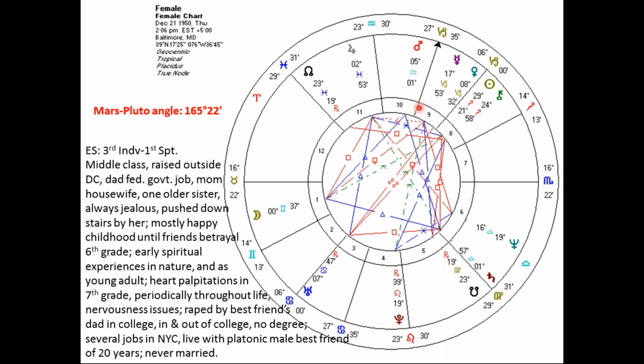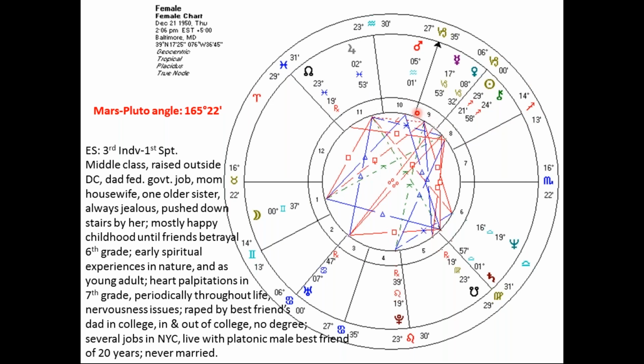Where these house systems differ is within each quadrant. In Koch and Placidus houses, if you would do it by hand, there are various tables that you use with latitude and longitude. They're complicated table systems to arrive at your inner house cusps.